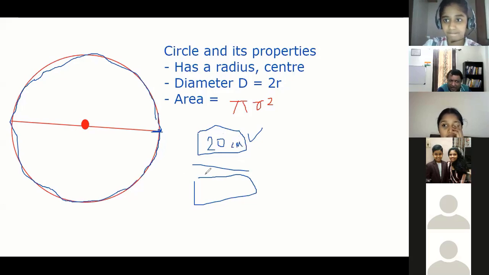Kripa and everybody. Now, the same thread you start from here or here and measure this length. You put it here. It comes around 6 point something, suppose. And you divide both of them. You will get around 3.14.